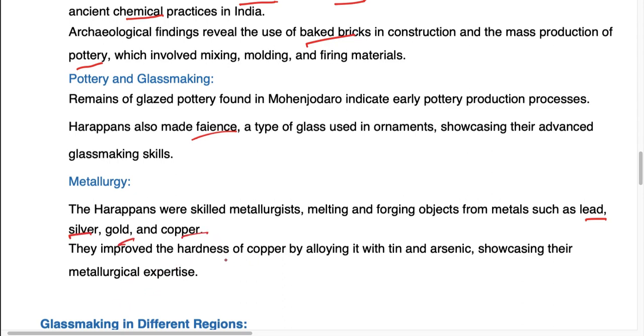They improved the hardness of copper by alloying it with tin and arsenic. So they were very advanced in chemical process practices. How do we know? Through the archaeological findings, we know that they were very advanced in chemical processing, showcasing their metallurgical expertise.